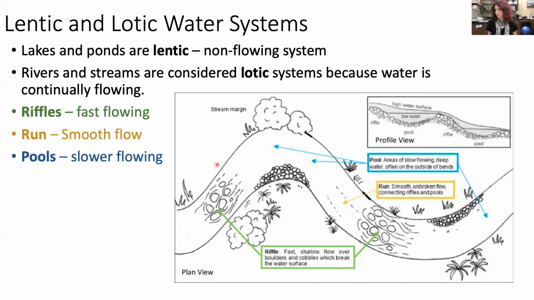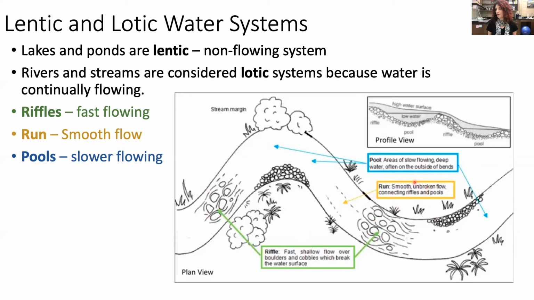So here in the big image, we have a bird's eye view of a stream. And here we have a profile view, a cross-section view, or just the side view. Here are the riffles that are characterized by having lots of boulders, lots of cobbles, big old rocks to break up that flow. And so this is where the water is moving the fastest.